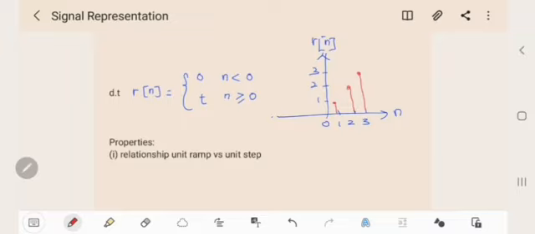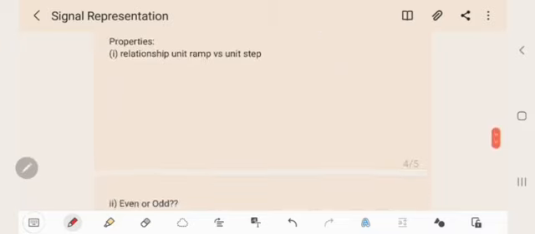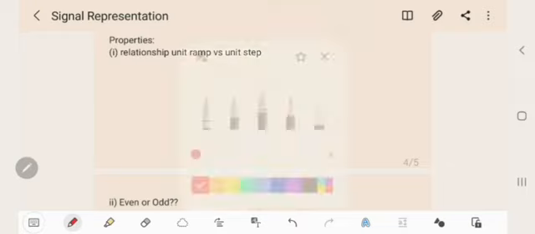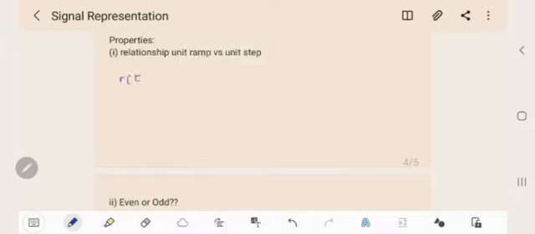Now we go to the properties of this ramp signal. First property, we look at the relationship between the unit ramp and the unit step. Just now we said that the unit ramp signal is the integration of the unit step function once. So r(t) is equal to the integral from negative infinity until t of the unit step signal dt.